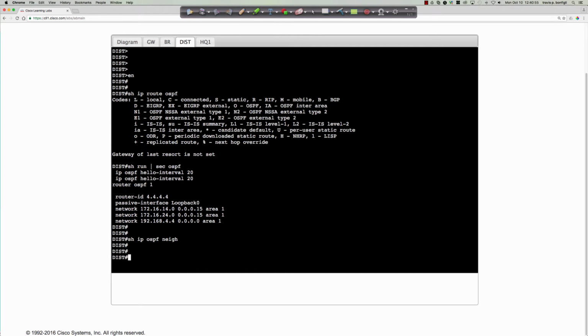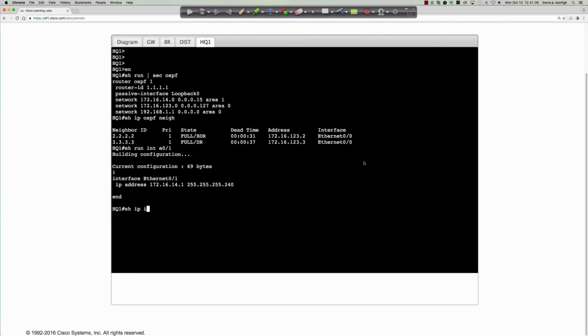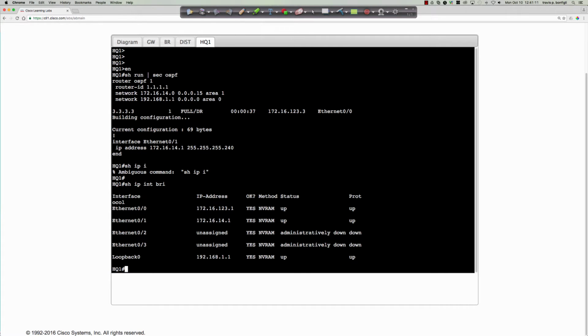So is show ip interface brief. And that interface is up. Let's see if HQ1 is up. I think I'm looking past something pretty simple here. And that interface is also up. So this has me wondering, what am I not seeing here?